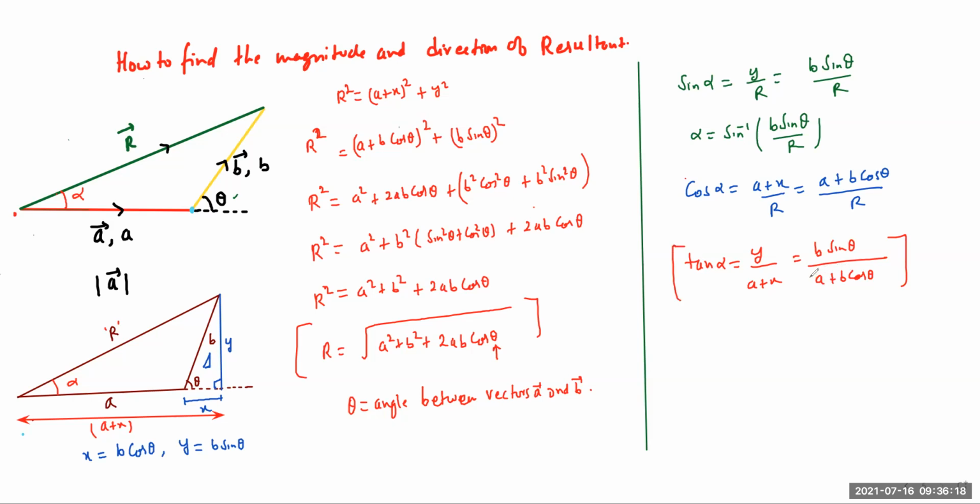So these are the ways in which you can express alpha: tan, sine, cos. There's no restriction on which one to use. But preferably, you will see that the answers are mostly represented in terms of tan, and the reason is it does not need r calculation. If you use the first two, then you need to first calculate the r, and then you can proceed from there.